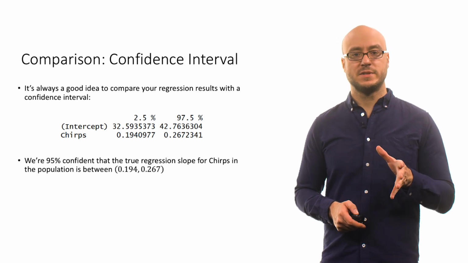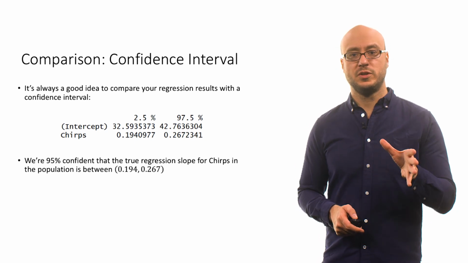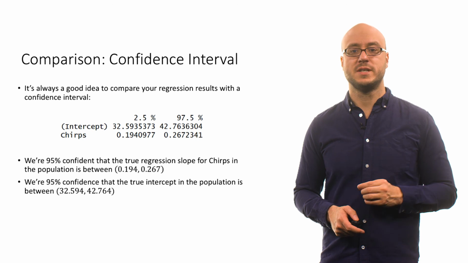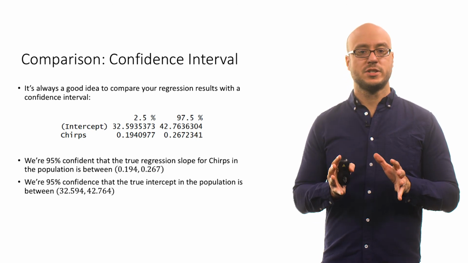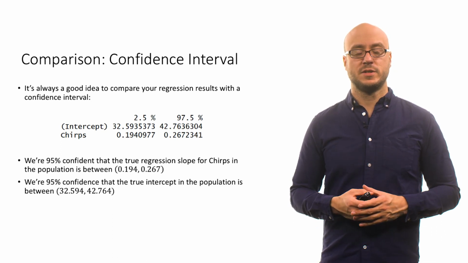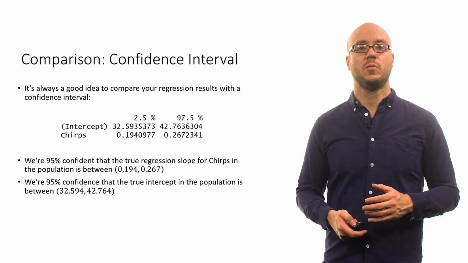We're 95% confident that the true intercept in the population is between 32.6 and 42.76 approximately. This is just like before with the correlation coefficient or the other inferential tests we've conducted. The confidence interval is interpreted in a very similar way.